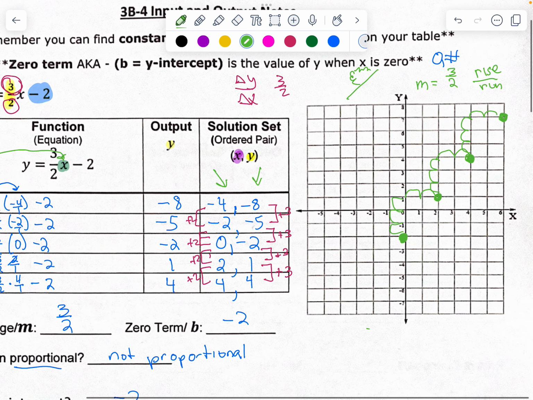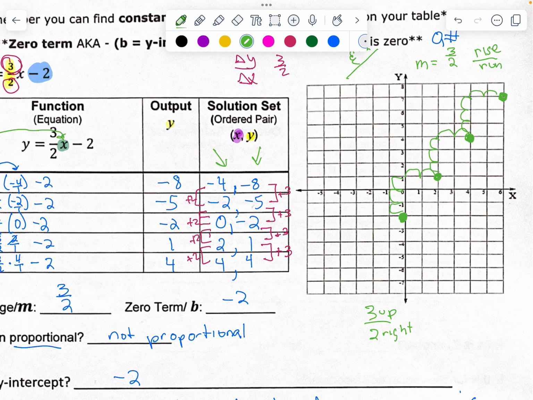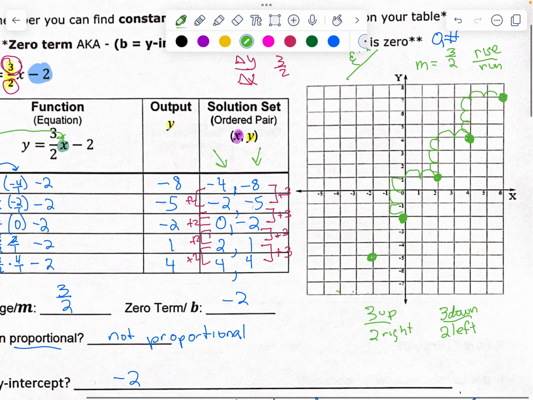Well, if I'm going 3 up and 2 right, and I've got to connect my line, I'm then going to go 3 down and 2 left. So I'm going to go back to my y-intercept and go 3 down, 2 left. Notice it's lining up. And then I can connect my line.